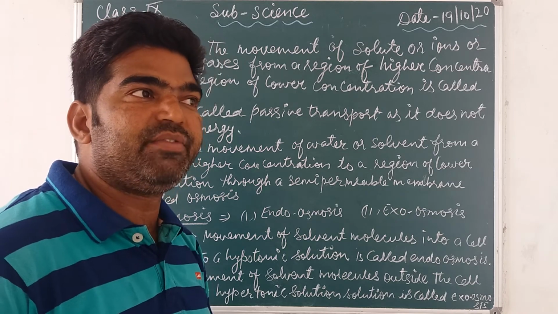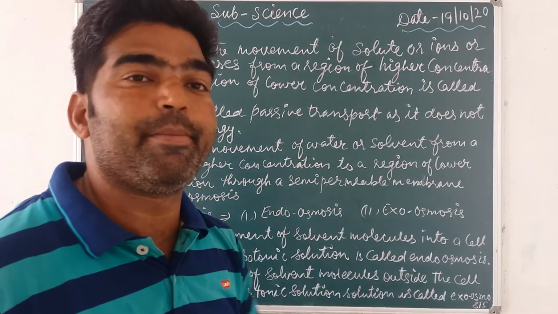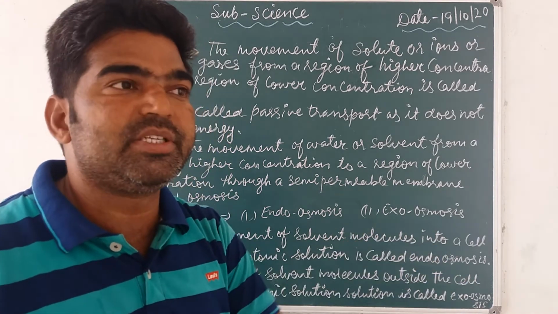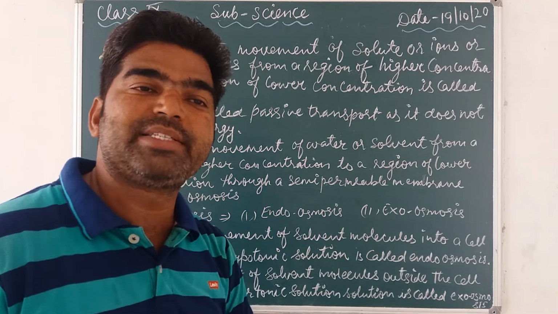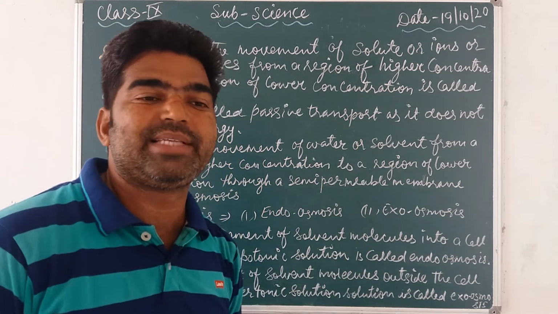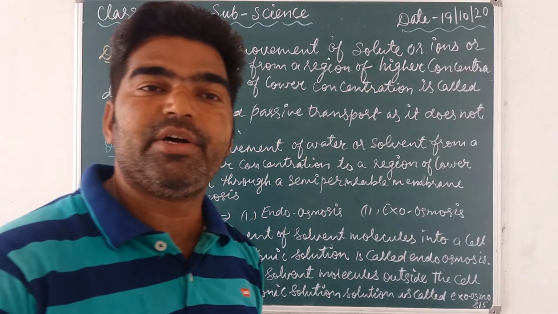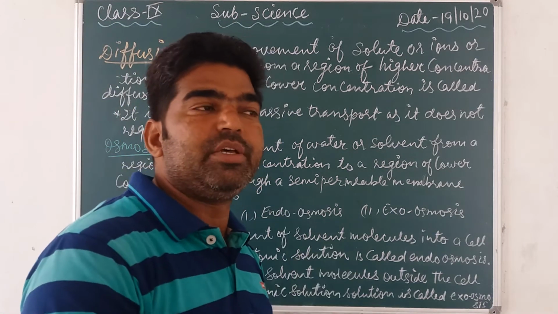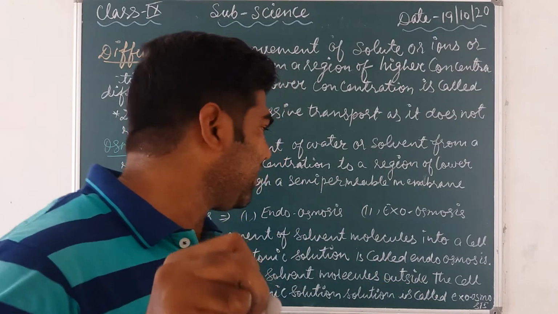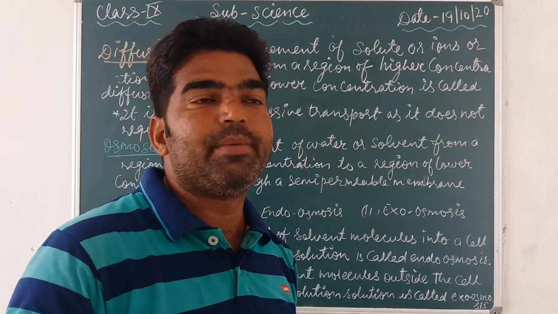Okay, suppose that if we are placing or keeping any plant or animal cell into the hypotonic solution, so what happens? The movement of water from outside to inside, so that cell absorbs some water, and that is an example of endoosmosis, and the size of the cell swells up or increases.